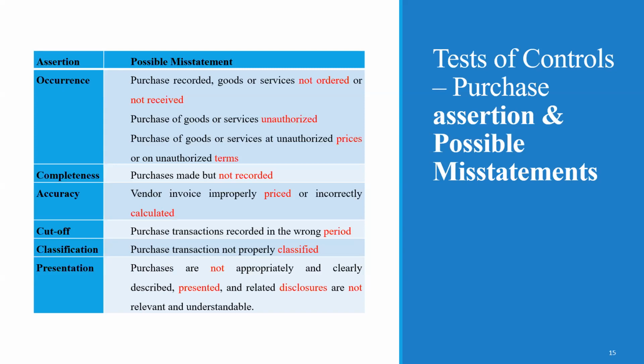When you test the completeness assertion, we want to ensure the company has this voucher system properly available. That means the important documents are pre-numbered and also sequentially accounted for.